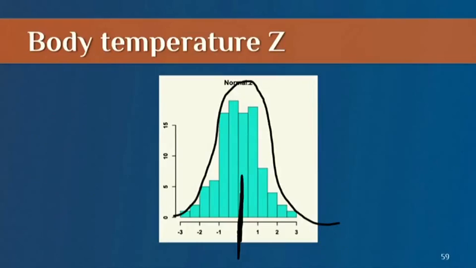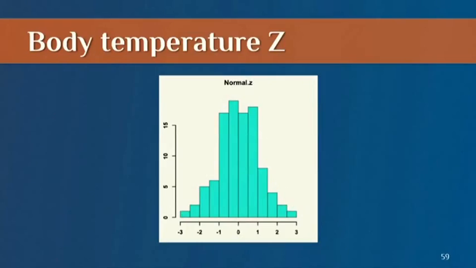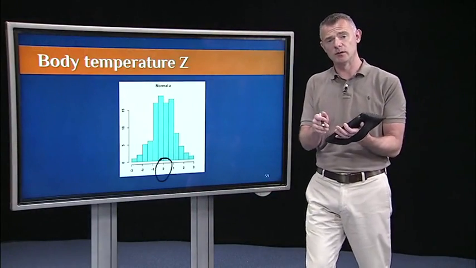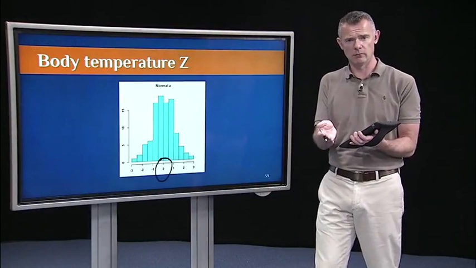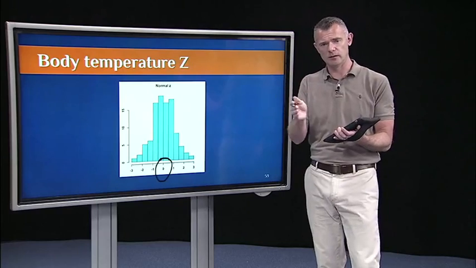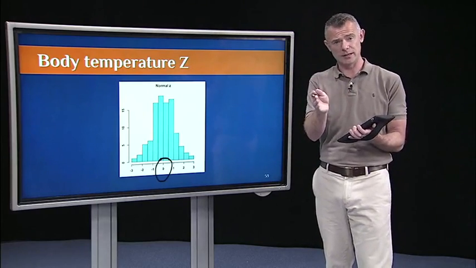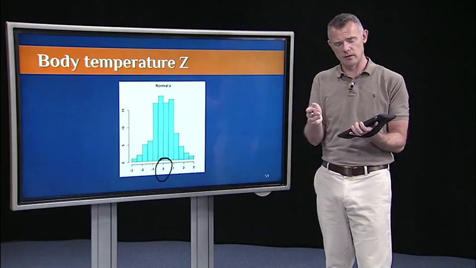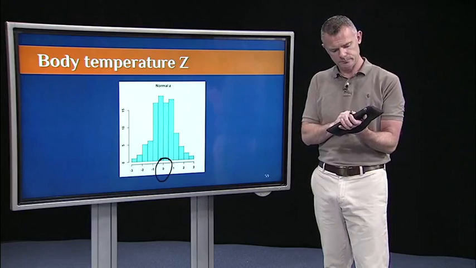And most importantly, the average is 0. So the average body temperature in terms of Z-scores is 0. These are the same exact numbers from histogram to histogram to histogram. It's just in degrees Fahrenheit, degrees Celsius, or in Z-scores. We just converted them. Direct conversion.